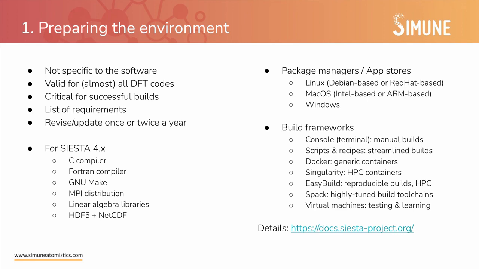From scripts and recipes, once you know how to do things, then you can streamline your builds and have a repeatable way of doing them. Docker containers, Singularity containers, and frameworks like EasyBuild or Spack. You can also use virtual machines, mostly for testing and learning, just as you have in this school. As usual, detailed instructions are available in the SIESTA documentation.